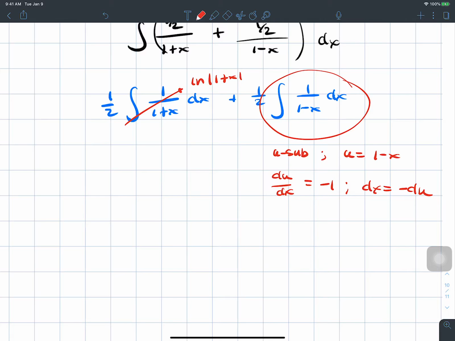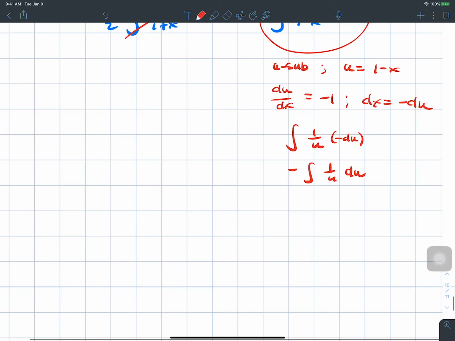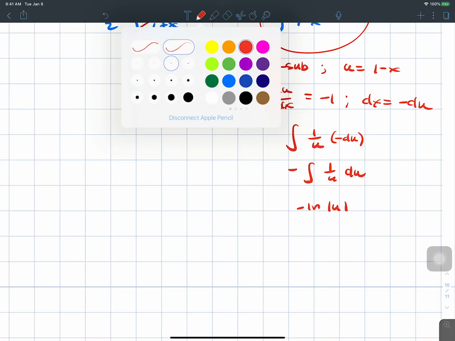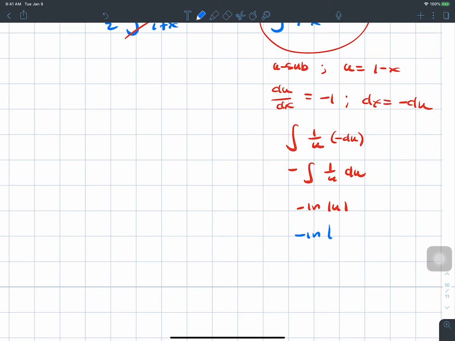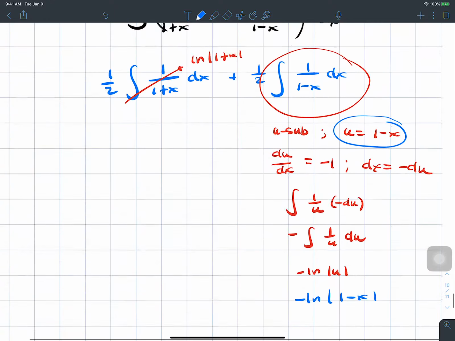So this integral here becomes 1 over u times negative du, or simply minus the integral 1 over u du, which is minus natural log absolute value of u, which becomes minus natural log absolute value of 1 minus x, because that's what u is.